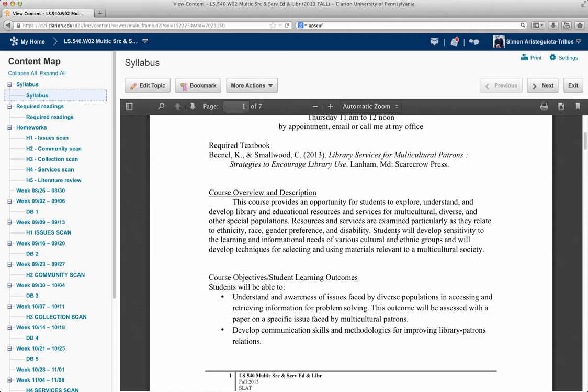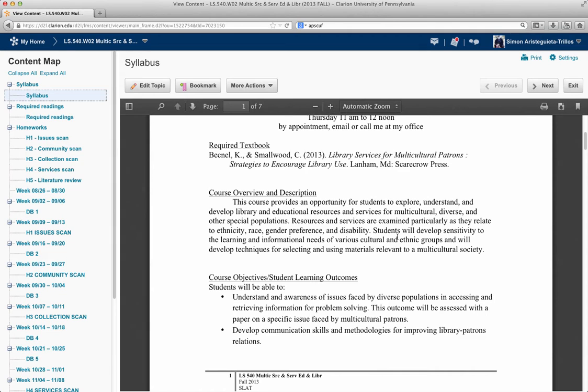But also, I think we need to have some external readings too, because, as I said, this is a very interesting topic, and also a very important topic because of the diversity that we have here in the U.S. and in other countries too.